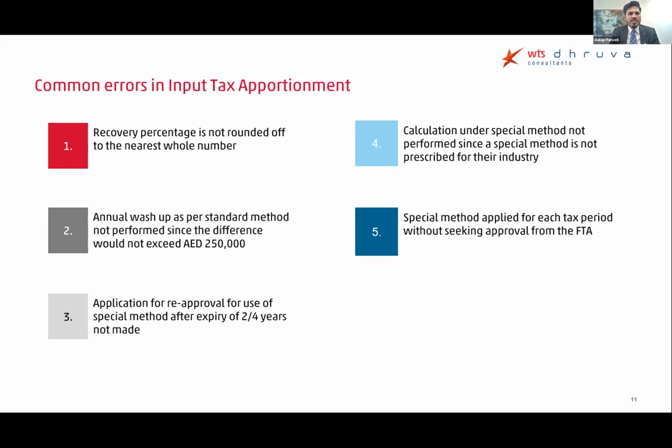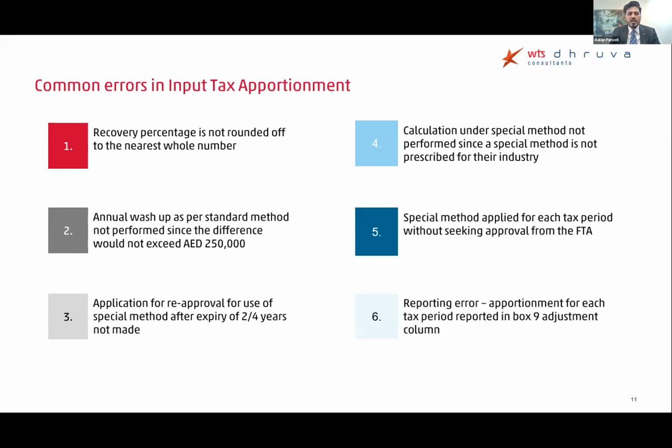So many businesses have used the special method on each tax period basis without seeking approval. In one of the cases that we've seen, the FTA has asked to file voluntary disclosures for each tax period and actually do the adjustment on an annual level because you did not seek approval from the FTA. So this is one of the cases.